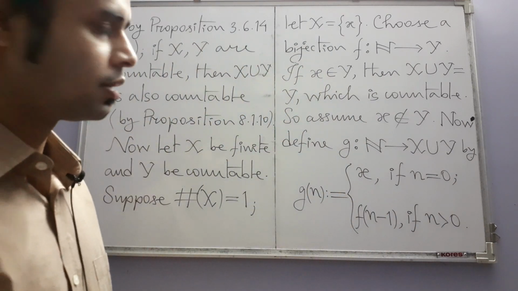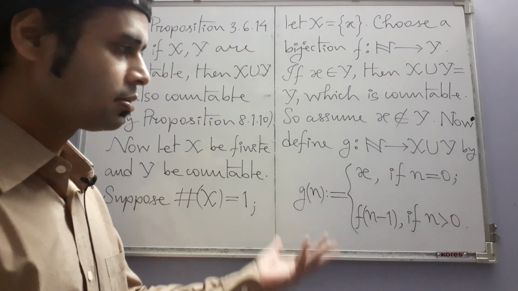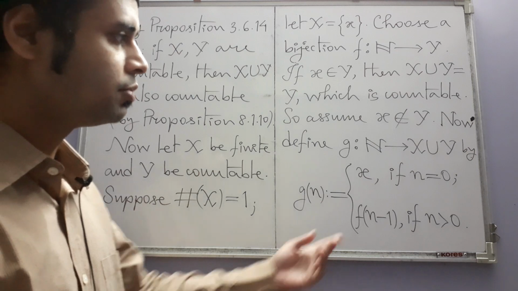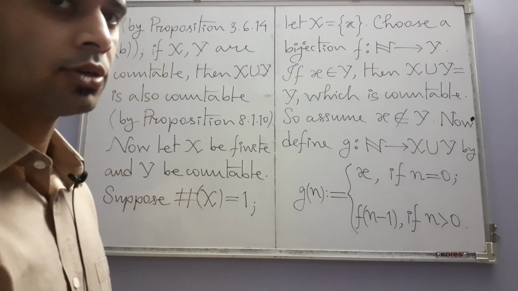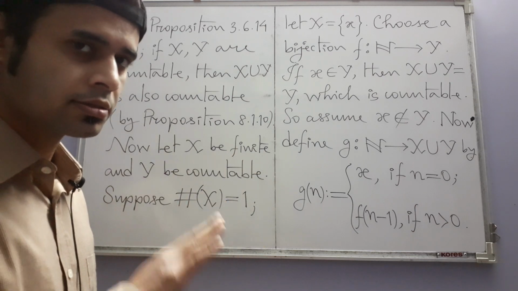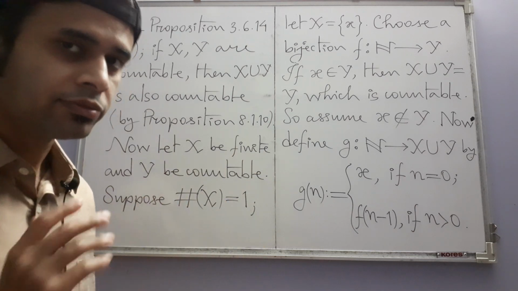And it turns out that this G is a bijection between the natural numbers and x union y, proving that x union y is actually countable. But I am not going to prove that this G is a bijection. I leave this to you.